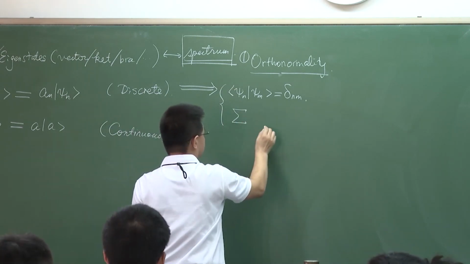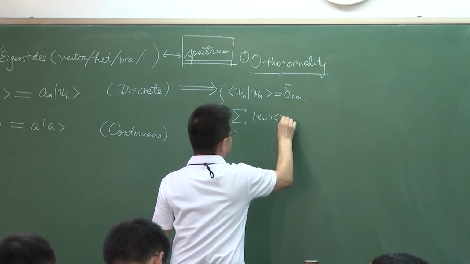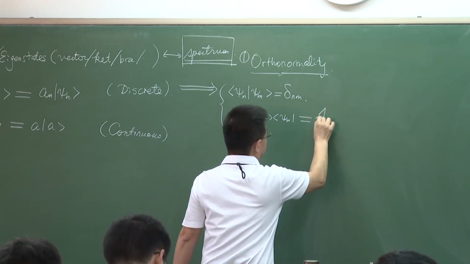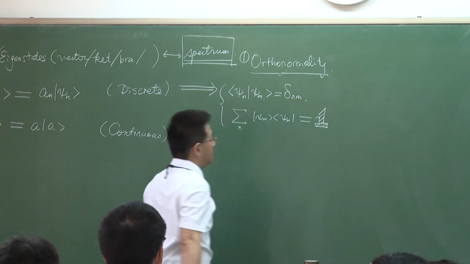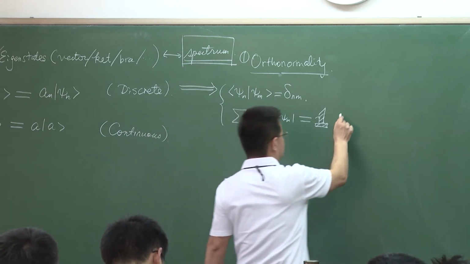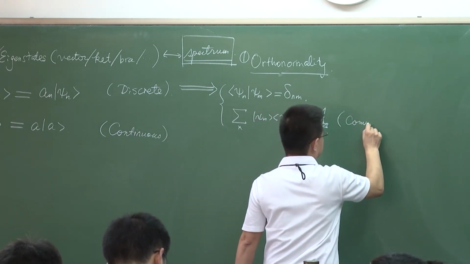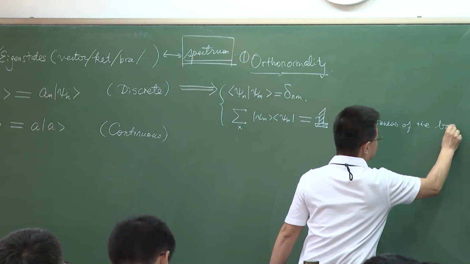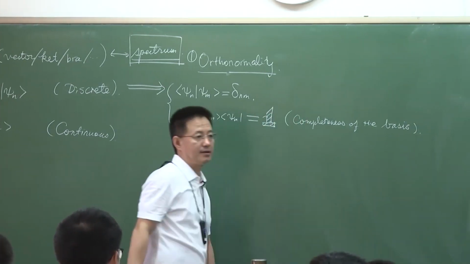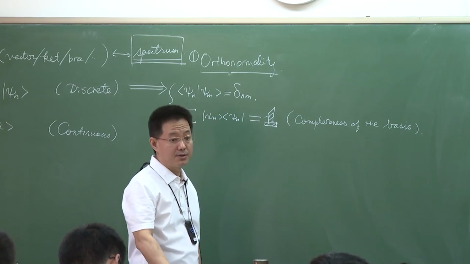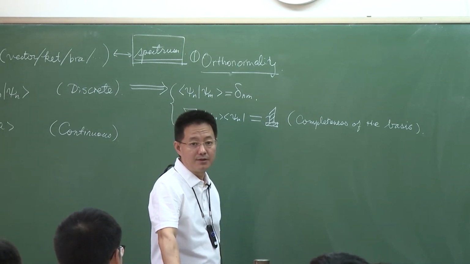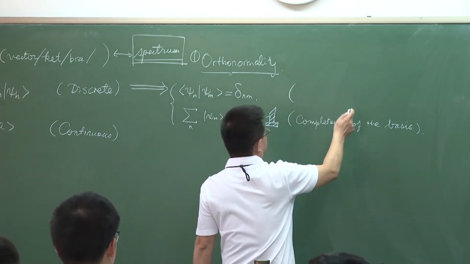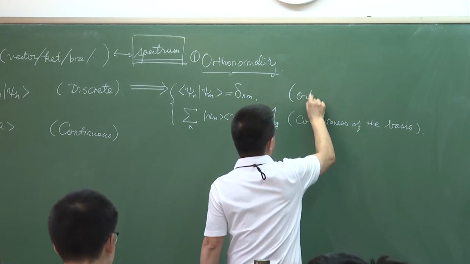And also we have the sum of |psi_n><psi_n|, and this is the outer product, equal to the identity. And this condition is the completeness of the basis. And now the eigenstates, the eigenvectors, eigenkets can be used as the basis of the Hilbert space. The basis.